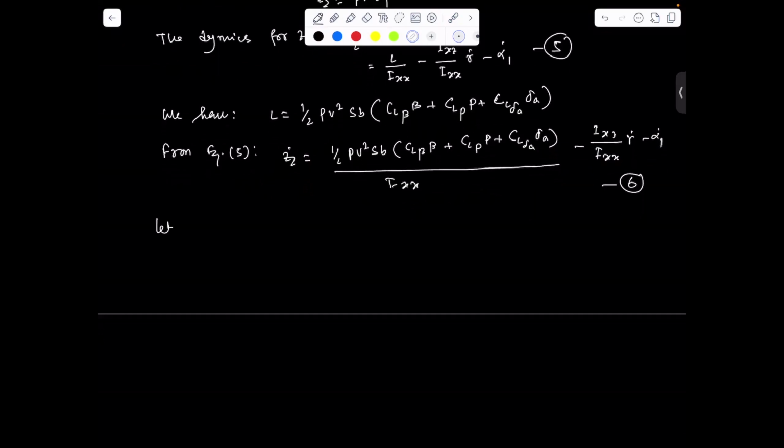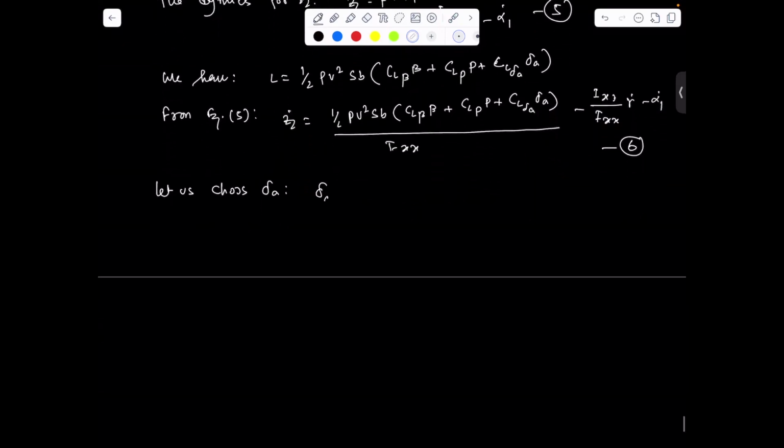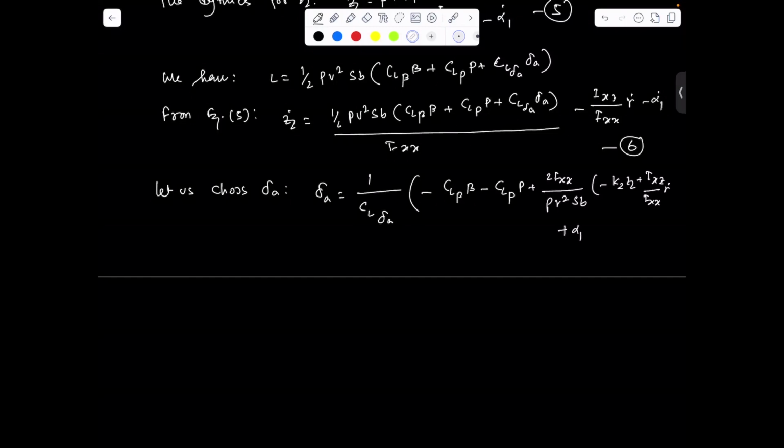So let us choose delta A equal to 1 upon CL delta A, times minus CL beta beta minus CL P P plus 2 Ixx divided by rho V square S times minus K2 G2 plus Ixz divided by Ixx R dot plus alpha 1 dot.